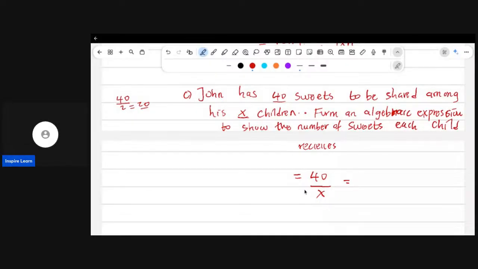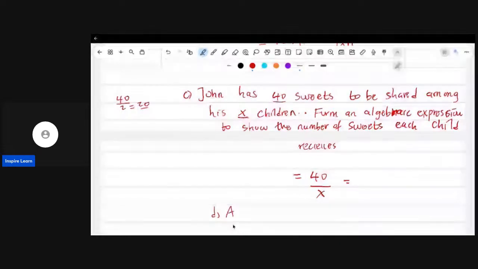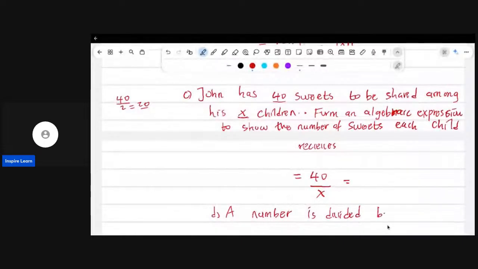From there, let me see what else you can have here. You have another example here that is telling us that a number is divided by 3, D. So you're told that a number is divided by 3.